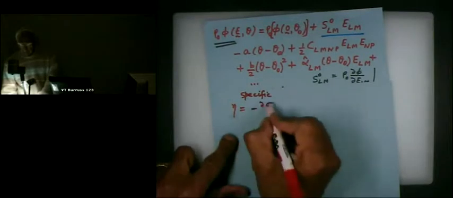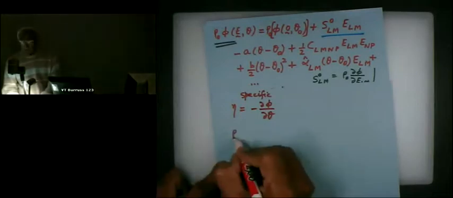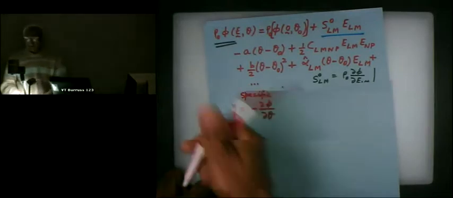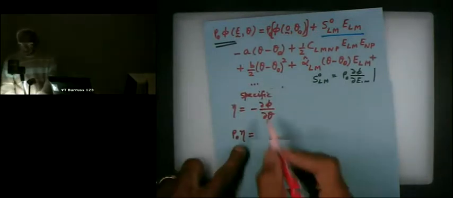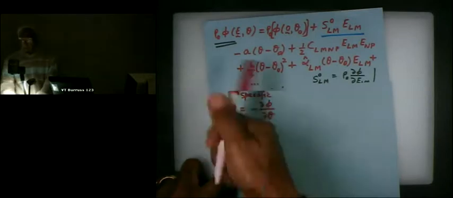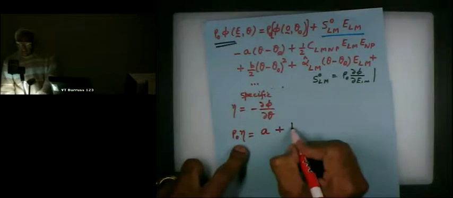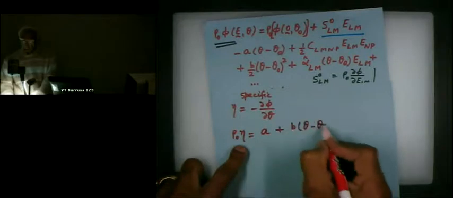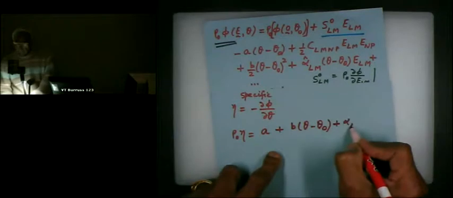We found this was minus delta phi over delta theta. So rho 0 eta, because we expanded this in terms of rho 0. If I differentiate, I get A, that's the first term, and then I will get B times theta minus theta 0, plus alpha L m hat EL.